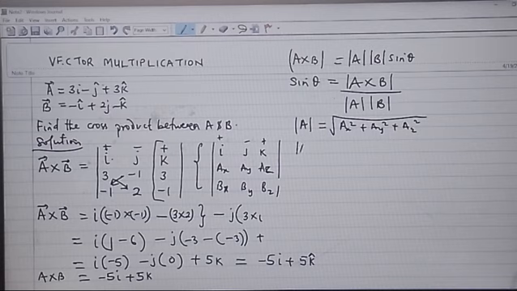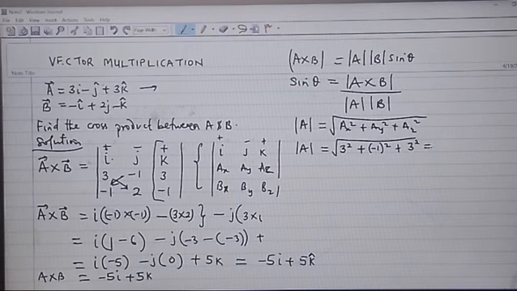So the magnitude of A is, this is the vector A, so 3 squared plus 1 squared, or we say plus minus 1 squared, plus 3 squared.